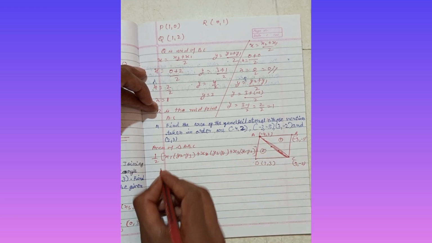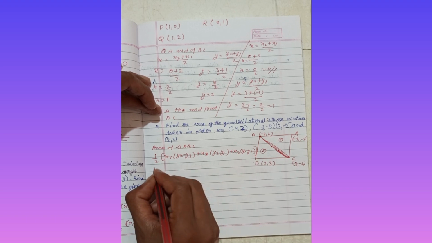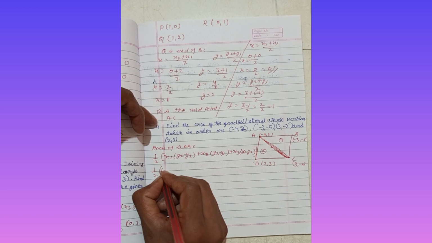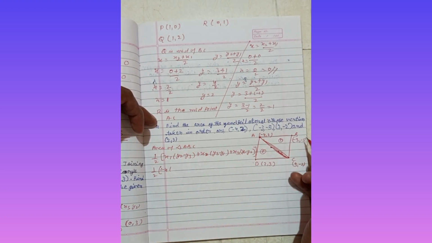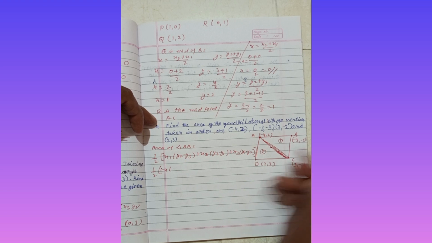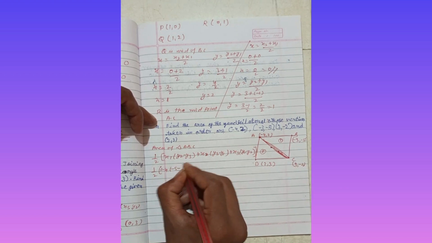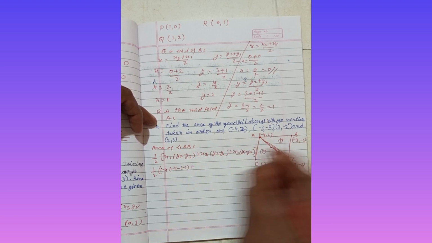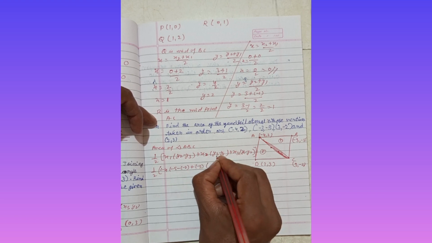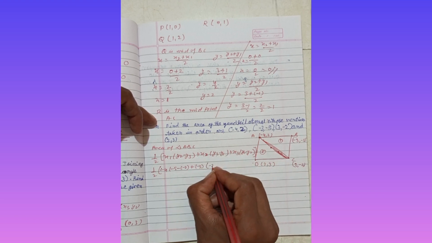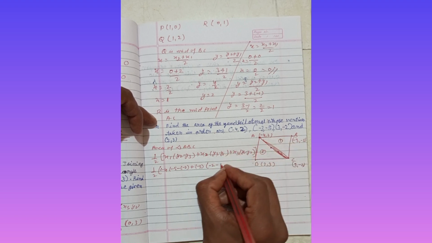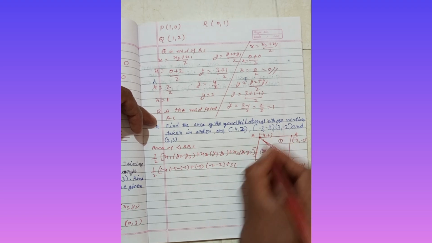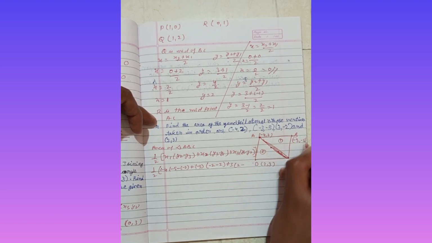Now substituting the values: 1 by 2 into x1 is -4, bracket y2 is -5 minus y3 is -2, plus x2 value is -3 into y3 which is -2 minus y1 value 2, plus x3 value is 3 into y1 value 2 minus y2 value -5.